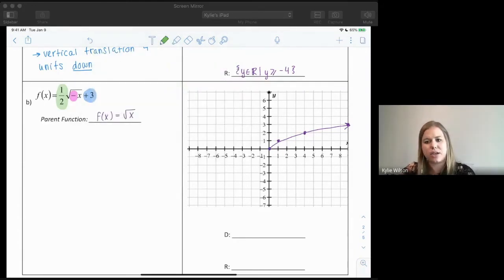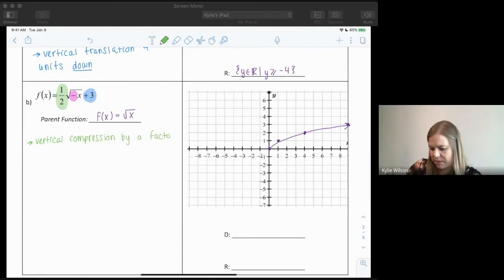So let's look at all of those transformations. The first one, we have an A value of 1/2. So it's positive, so we don't need to worry about any reflections. But because it is between 0 and 1, we say we have a vertical compression by a factor of 1/2.